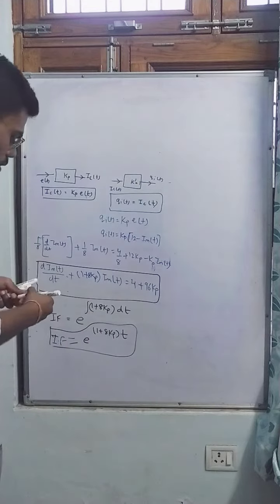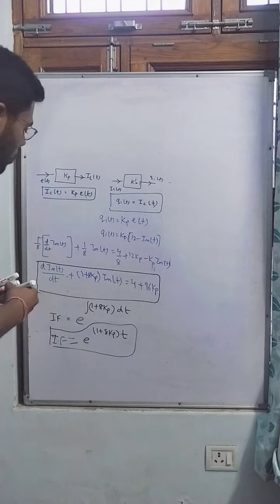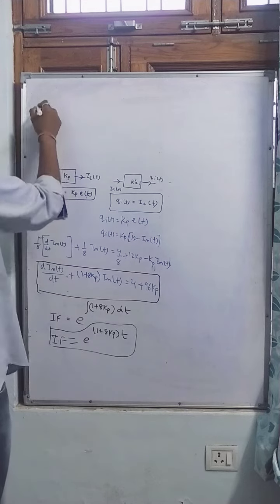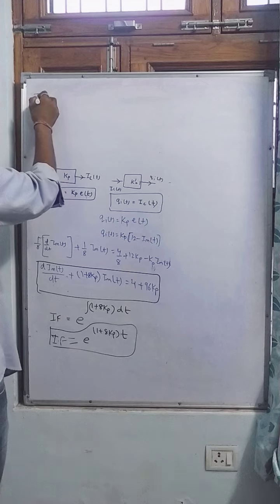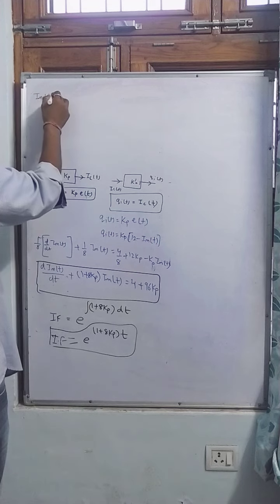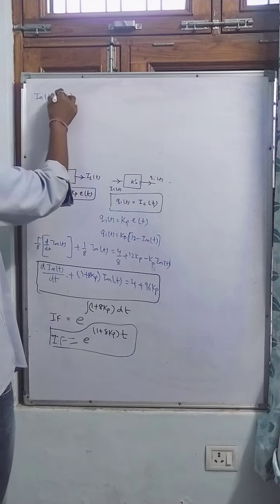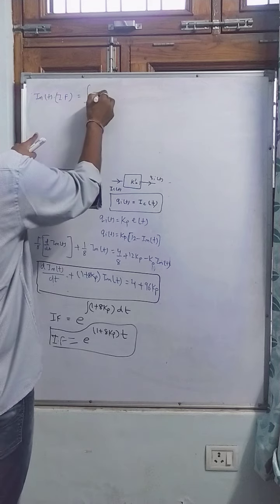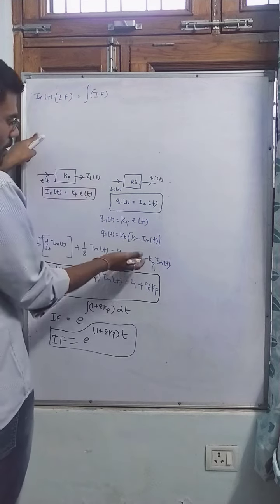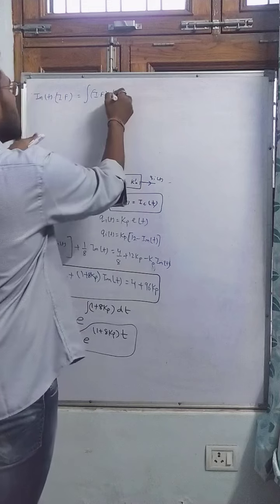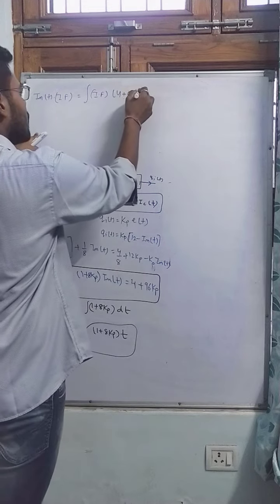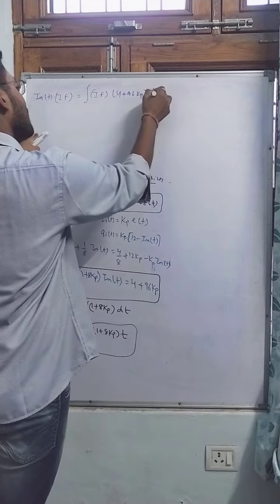Now you know how to find the overall solution. That is, dependent term imt into integrating factor equals the whole integration of integrating factor into the term on the right side, 4 plus 96 kp into dt.